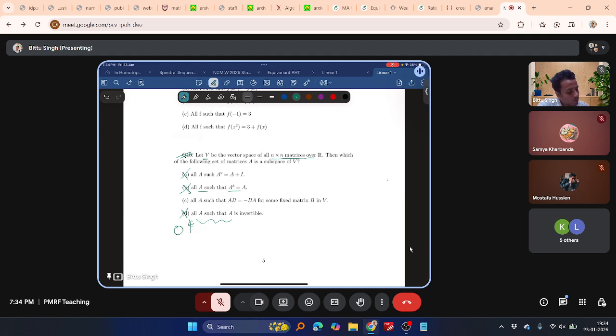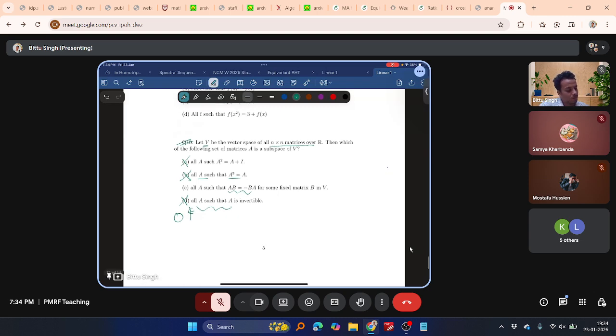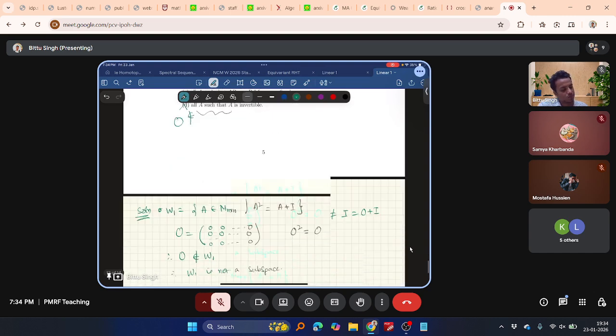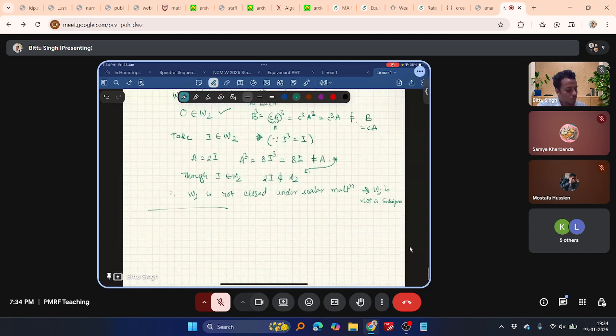So the only remaining thing which needs to be checked is A commutes with B up to a negative sign. So this is true, let us see why. W3 equal to all those elements such that AB equal to minus BA. B is a fixed matrix.